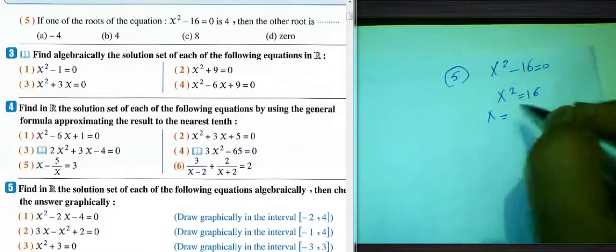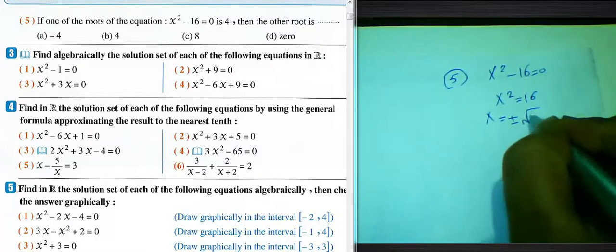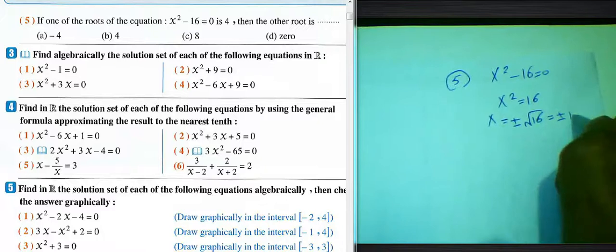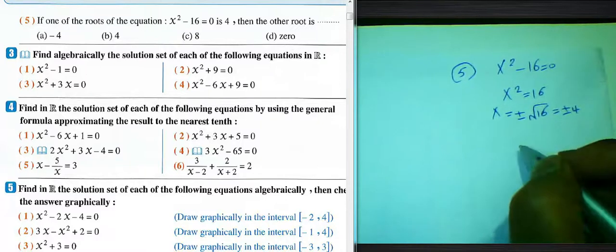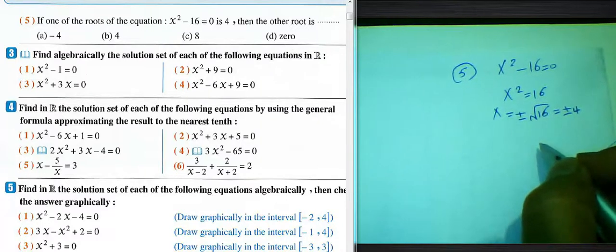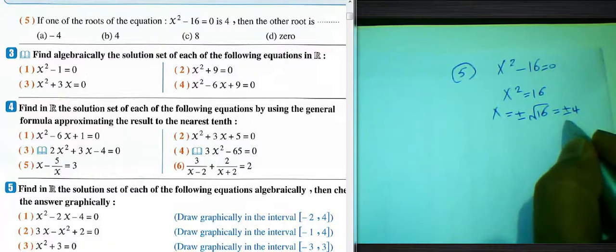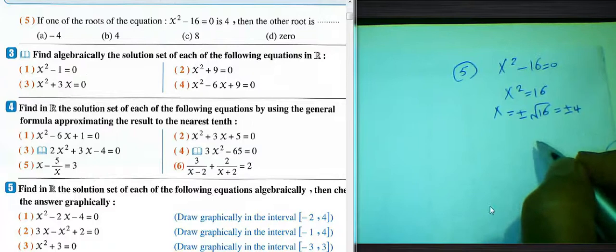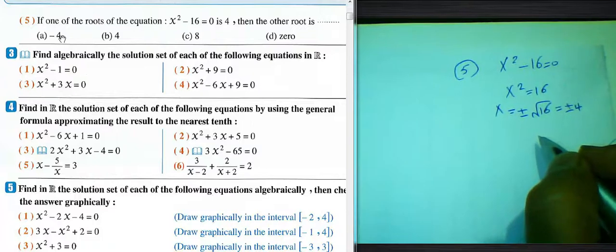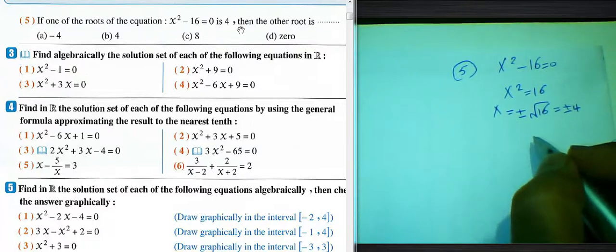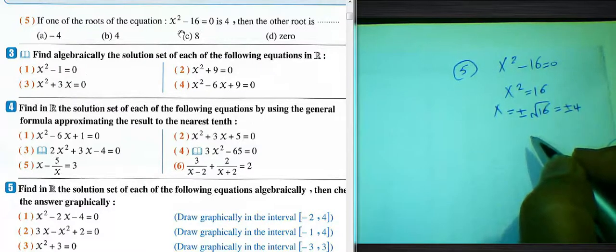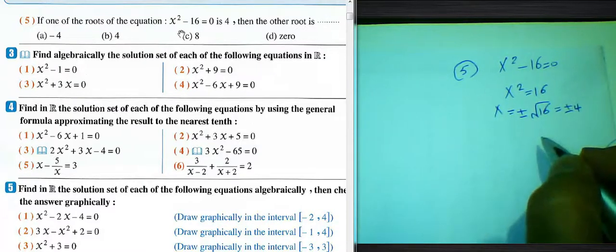So x equals positive or negative square root of 16, which equals positive or negative 4. So the other root will be negative 4, because he tells us the first root is 4. We have two roots because it's x power 2, so we have two solutions for this equation.